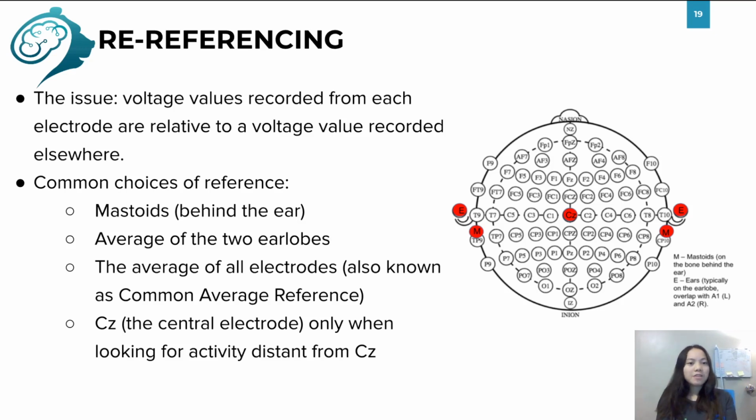The average of the mastoids, which is the bone behind the ear, or the earlobes are typical reference electrodes. These are generally good choices because the reference electrodes are close to the other electrodes but record less brain activity. These are not necessarily perfect references because they are close enough to the brain to measure neural activity from lateral temporal areas, for example.